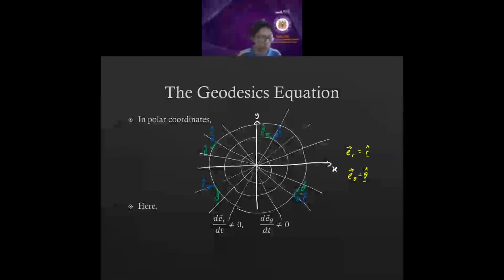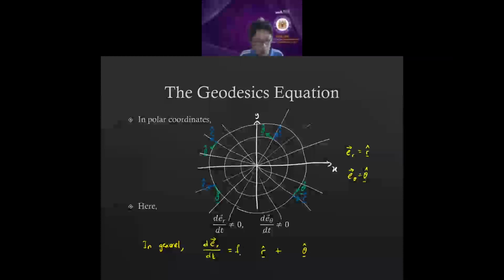Instead, in general, you can write that, for example, the rate of change of the basis vector is going to be proportional to some combination of the basis vectors at that point.